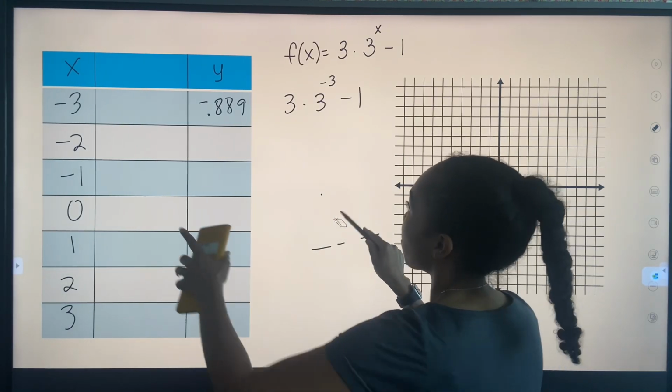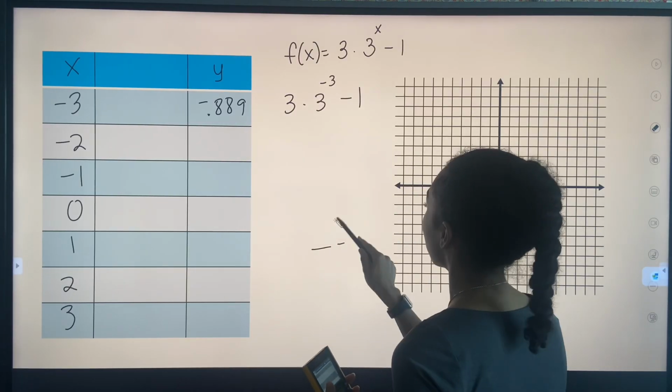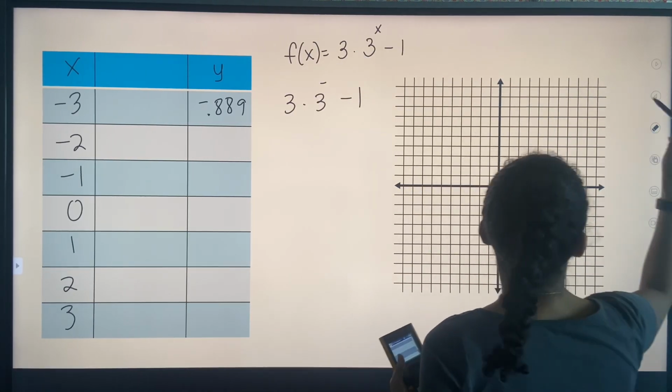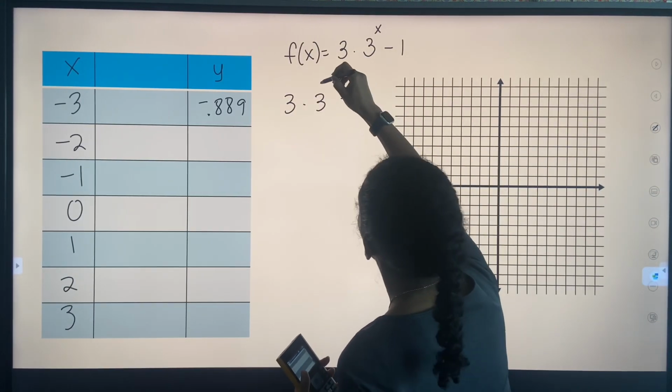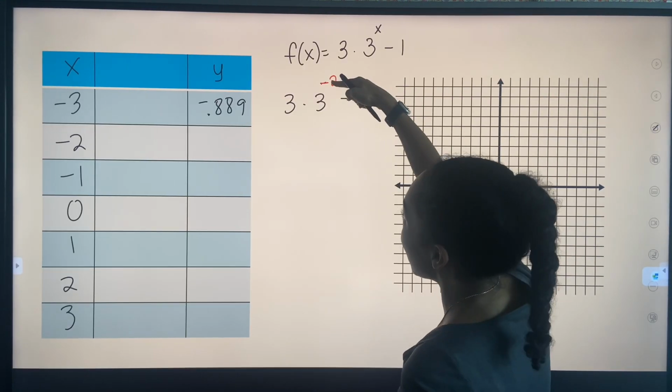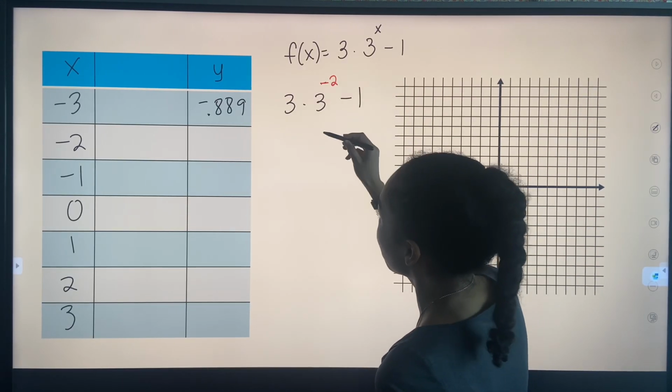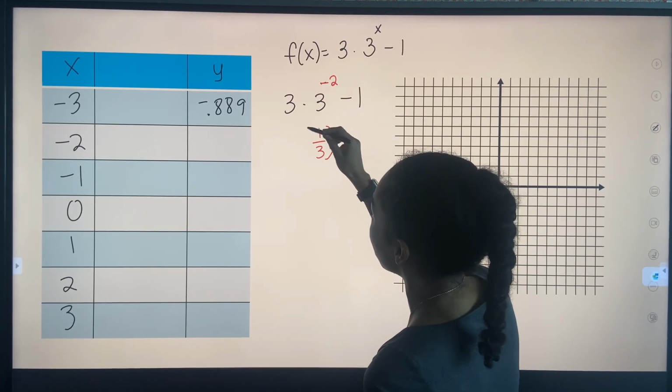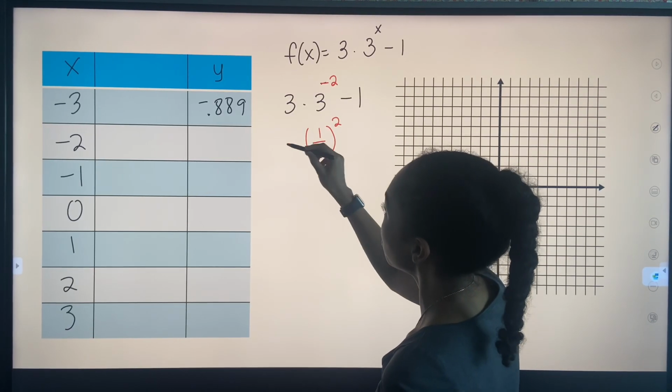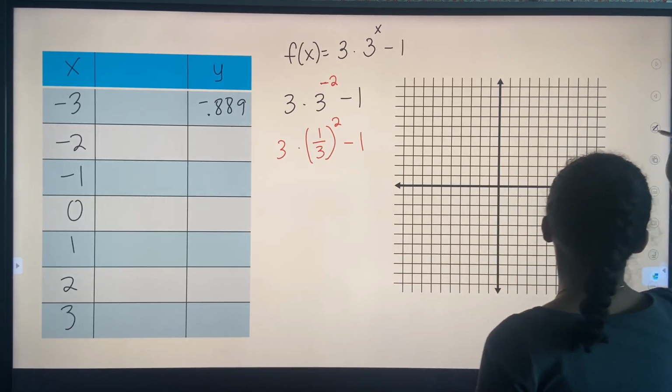Okay, let's try another one. Next, I'm going to make my exponent a negative 2. So I'm going to plug in a negative 2. Remember, negative exponent, you have to do the reciprocal of that base. So that's 1/3. This is now a positive 2. Everything else can just come down.